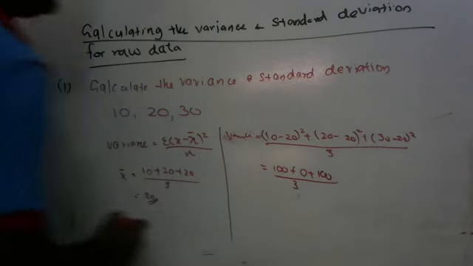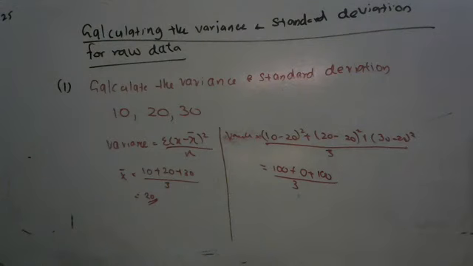Adding all these gives 200, divided by 3 is 66.67.